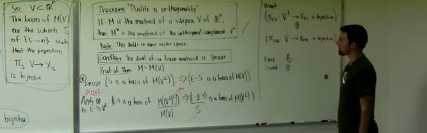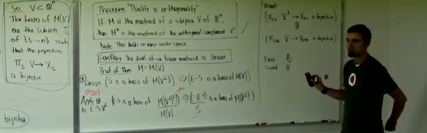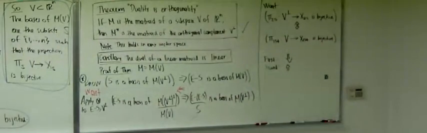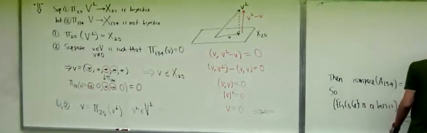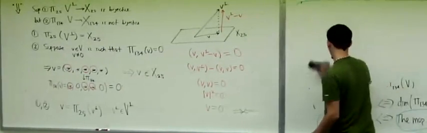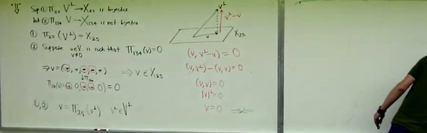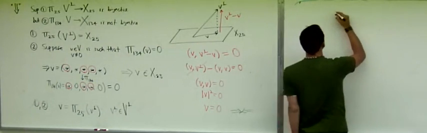And maybe what I want to do for the remaining 5 minutes of the class is to do this in an example, so that this really becomes very concrete. So maybe what we'll do is consider, let's do this in R3, where we can actually draw things.